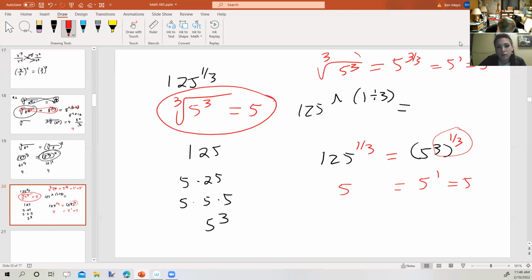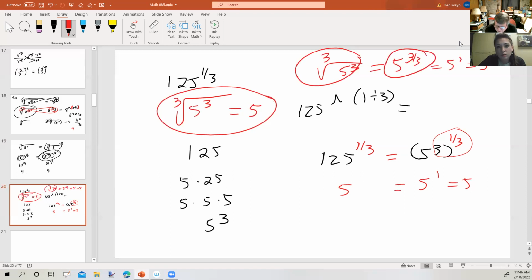So when we switch this from radical form to exponential form, the power goes on top, the index goes on the bottom. 3/3 reduces down to 1, and 5 to the 1 power is just 5. So in a sense, the index and the exponent kind of reduce down to something to the 1 power.